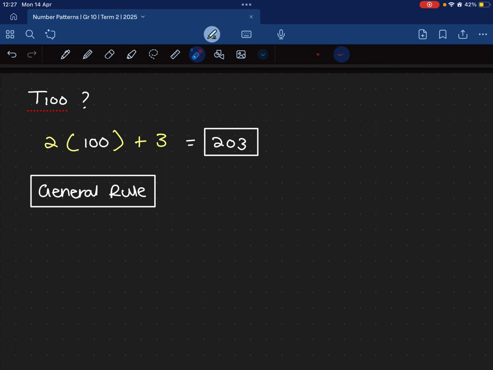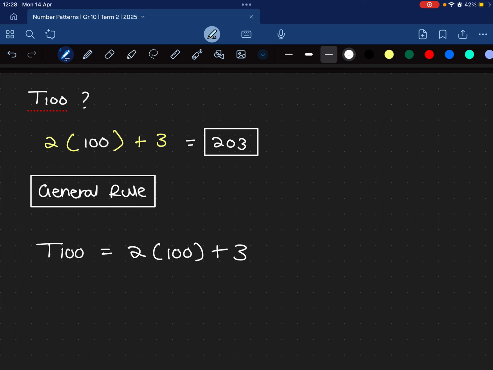Notice that if you take the term number and put it into the rule, you'll get the actual value for T100. So T100 is equal to 2 times 100 plus 3, because 203 is equal to T100.